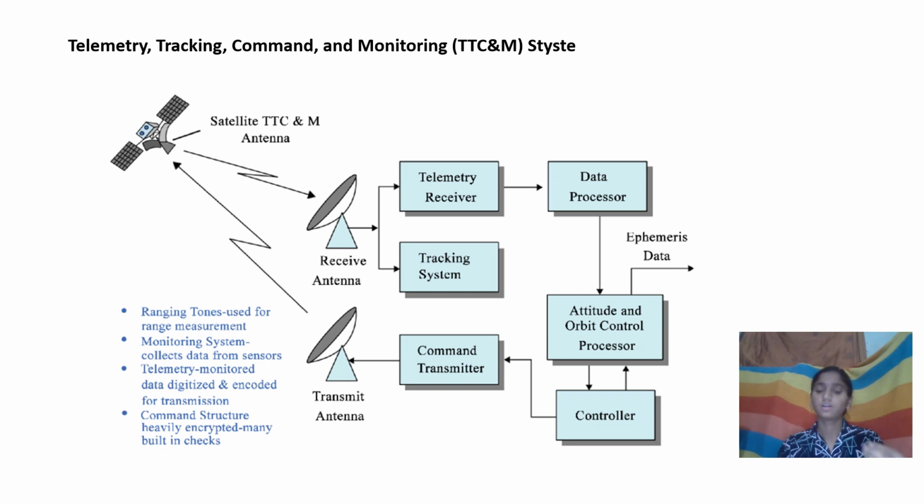Telemetry is a system which monitors the health and functions of the satellite, whether it is healthy or whether any errors are there in the satellite. All this is controlled by the telemetry system.